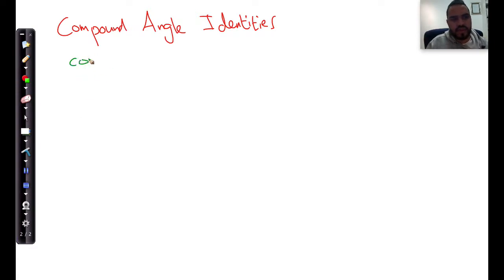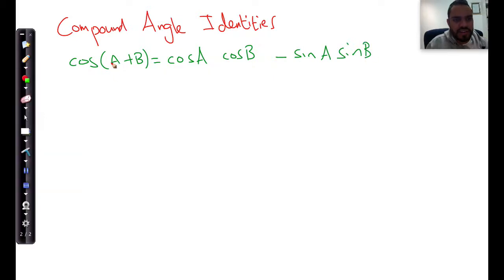Cos of angle A plus angle B is equal to cos A cos B, minus sine A sine B. If this is plus, we have minus over there. In the event that we're talking about cos of A minus B, then I'm just going to indicate that with a minus sign, and that means that I must change this to a plus on here, and I still have cos cos, sine sine.